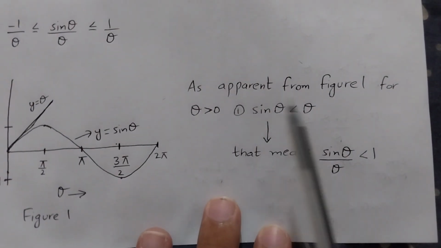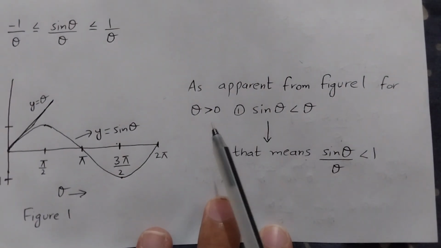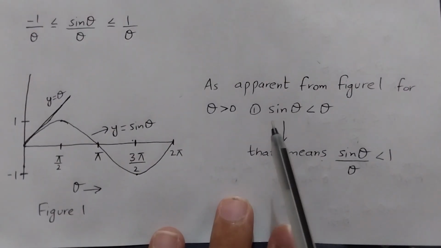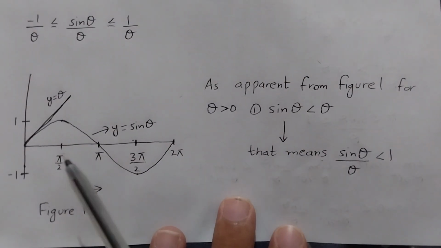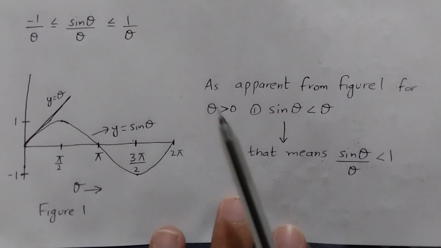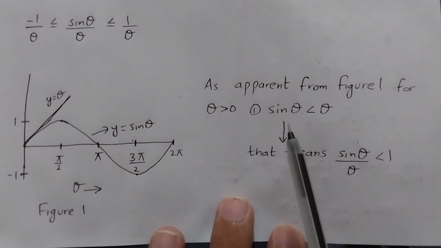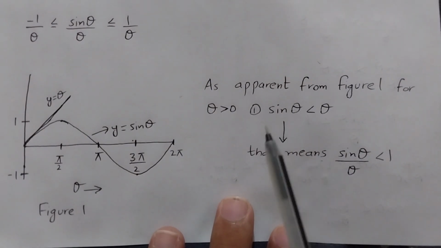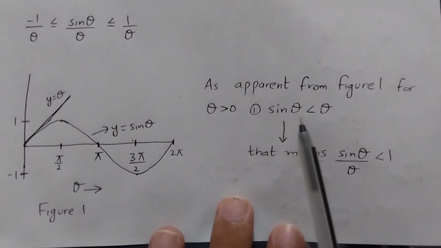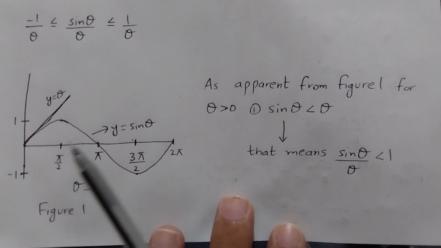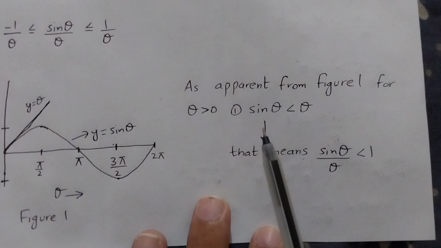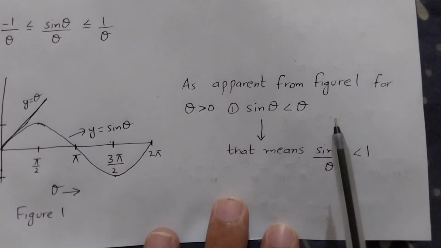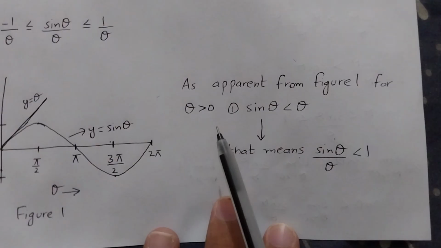So I've written that as apparent from figure 1, for theta greater than 0, because we are considering the right hand limit, sine theta is less than theta. And I will prove this through another diagram, if it's not clear through this diagram. But we are saying that sine theta is less than theta for theta greater than 0.